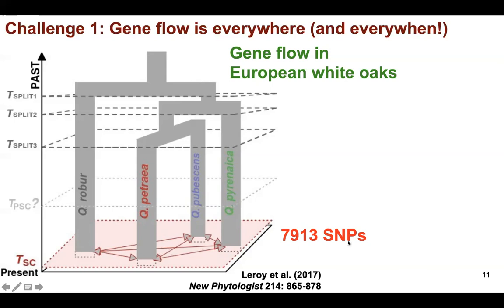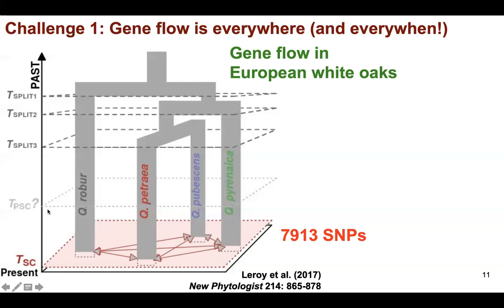So using this SNP data, these researchers were able to estimate that all 4 of these species have hybridized recently with each of the other species, which kind of makes sense for a common tree or a group of common wind-pollinated tree species. But they also found evidence of secondary contact in the past.